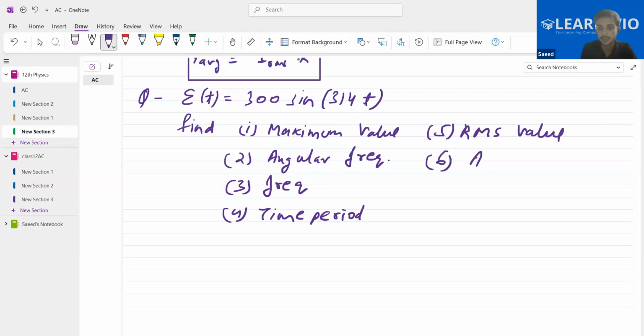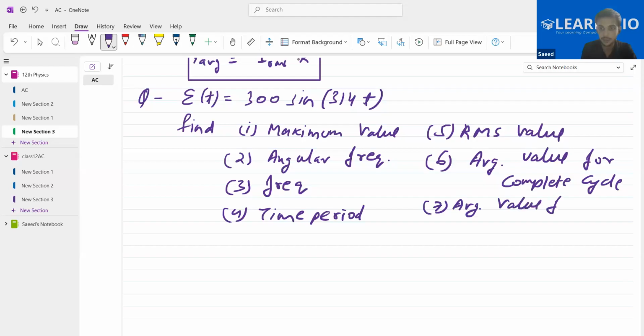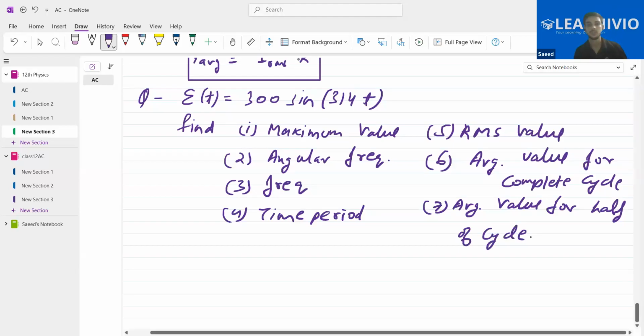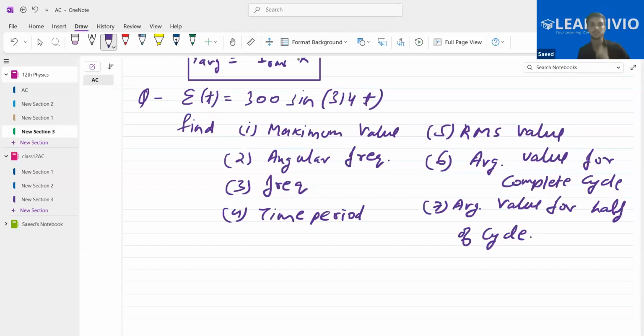Sixth is average value for a complete cycle. Seventh is average value for half of the cycle. Can we see anything else also here? Okay, just do it.